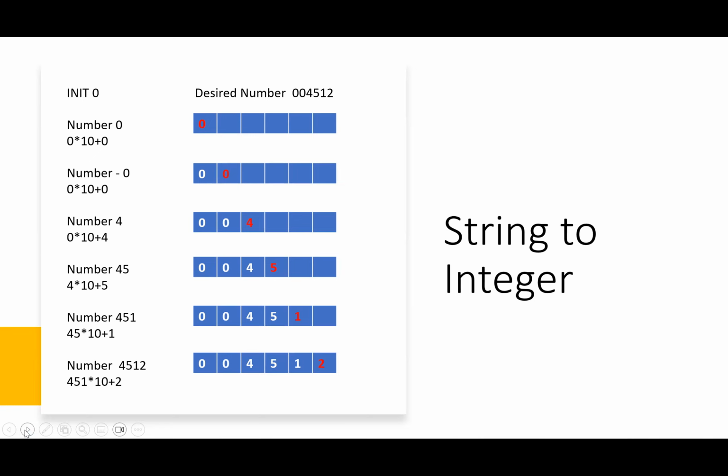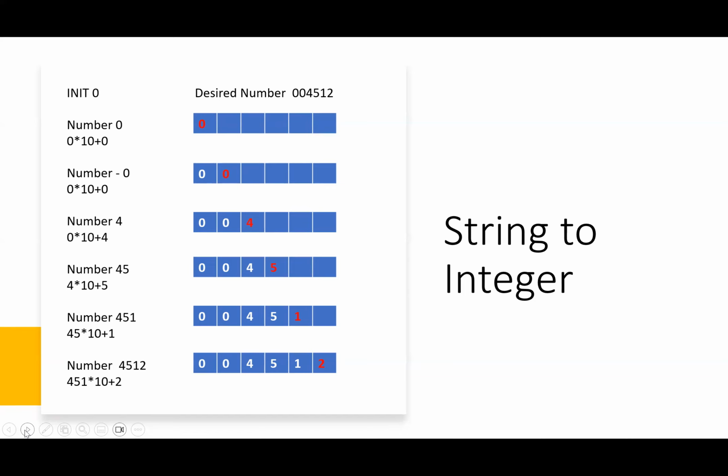If a second 0 comes, the output is still 0. But if 4 comes, the output becomes 4. If 5 comes again, the output will be 45. If the third character is 1, the output will be 451, and if the fourth character is 2, the output will be 4512.